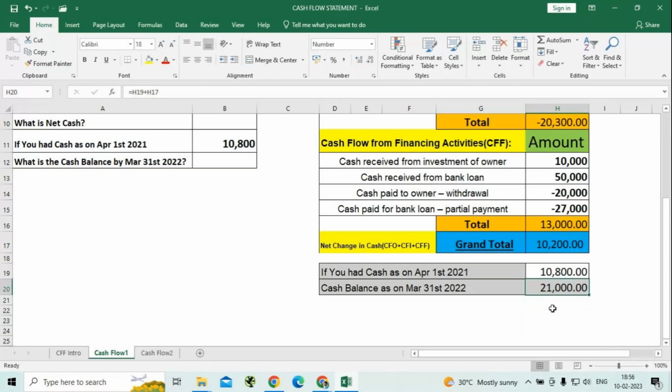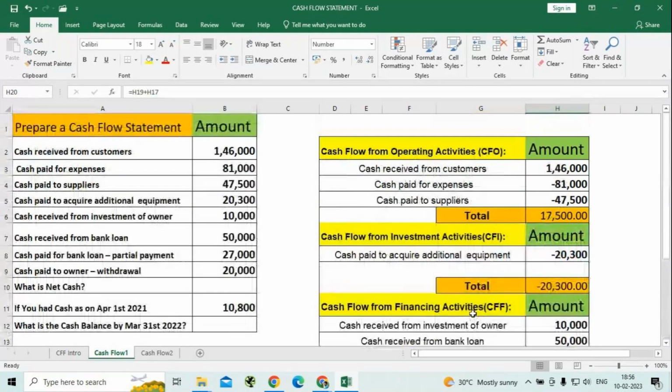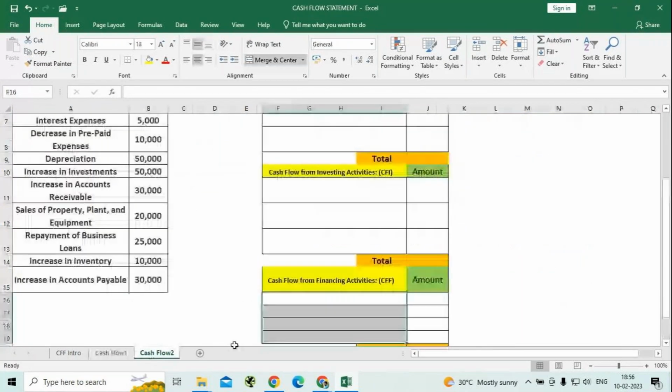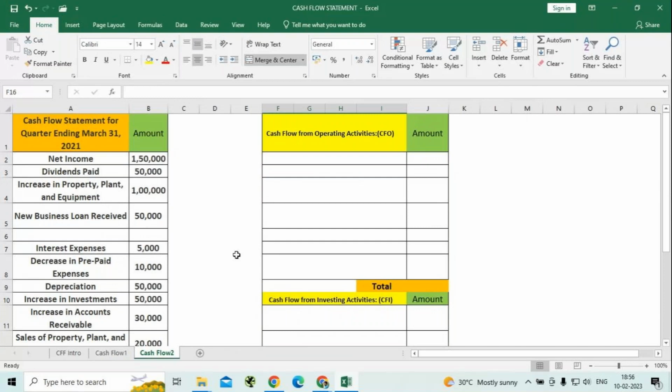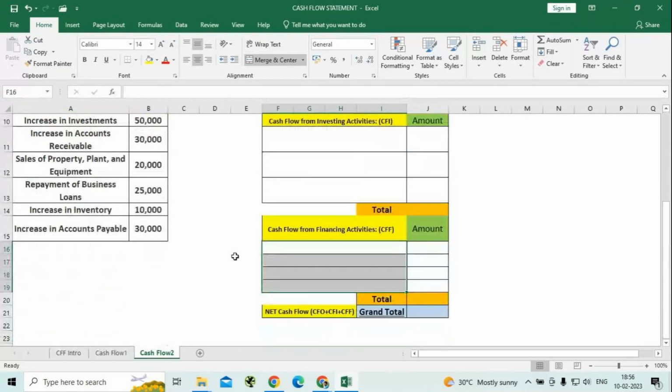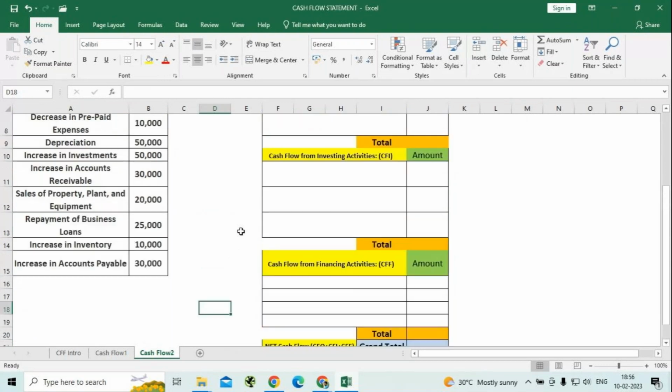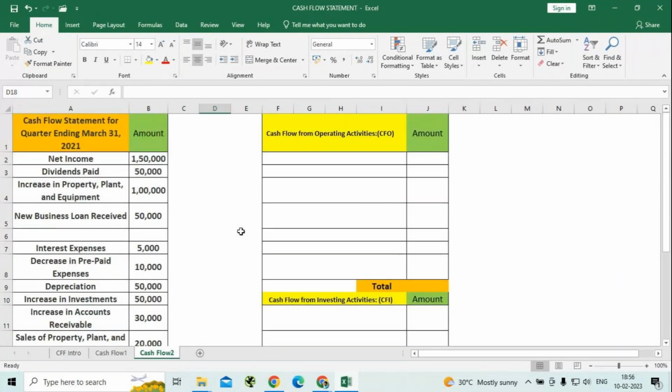Okay, so 21,000. I'll be sharing this document, and in it you can also see that I've given one more problem, with a few more additions. So try to solve this.